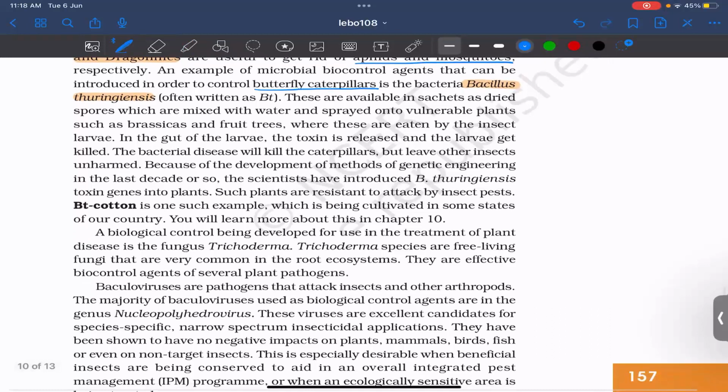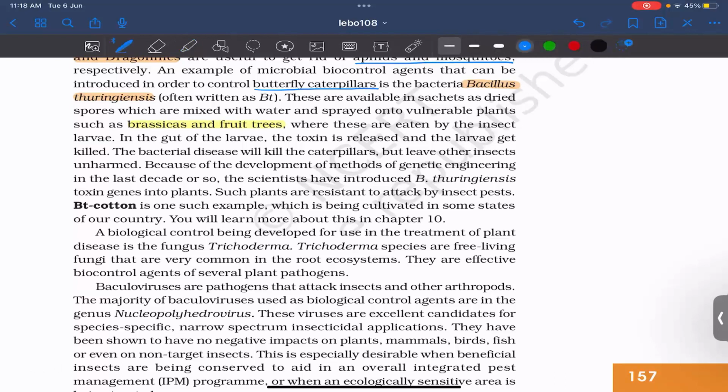So these are available in sachets as dried spores, which are mixed with water and sprayed onto the vulnerable plants, such as plants of brassica and fruit trees.